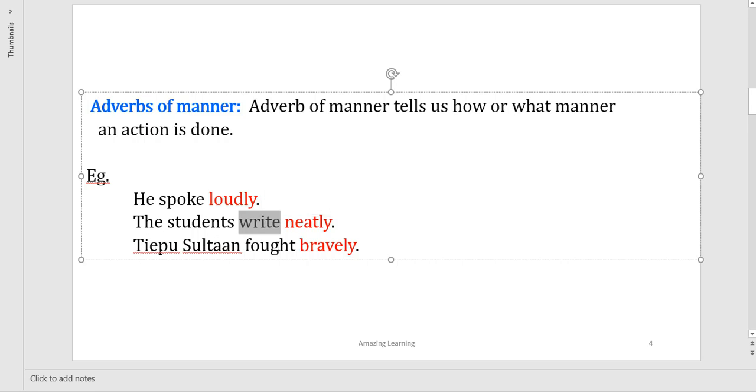Tipu Sultan fought bravely. Tipu Sultan was brave, but bravely is not attached to Tipu Sultan. Bravely is attached to fought. Fought is the verb, so this word qualifies fought, because of which it is considered the adverb.